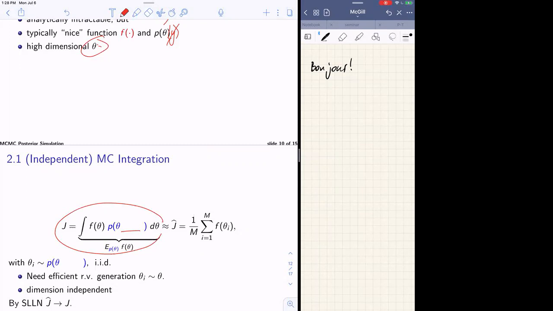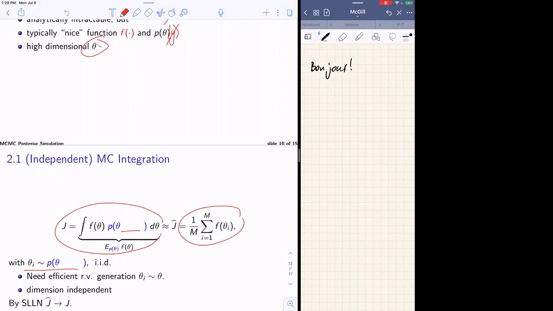Well, if you recognize the left-hand side simply as the expectation of f of theta under the blue probability model, then we could always approximate that population average on the left side by a sample average on the right side, where the theta i's are IID samples from that blue distribution p of theta.